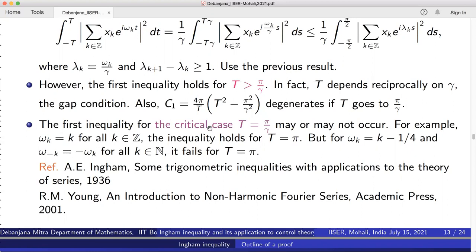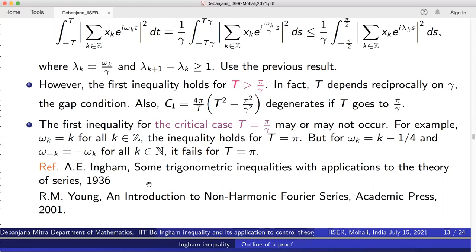So in conclusion, for the left hand inequality to hold you need capital T strictly greater than pi by gamma in general. For the details and that counterexample, you can see the references, where they have constructed and discussed it elaborately. So this is the part from Ingham.